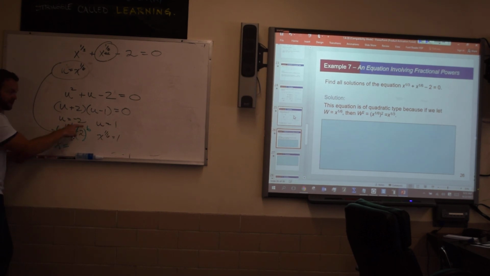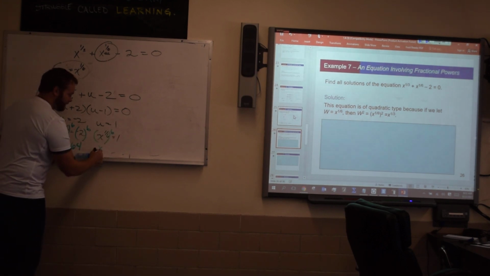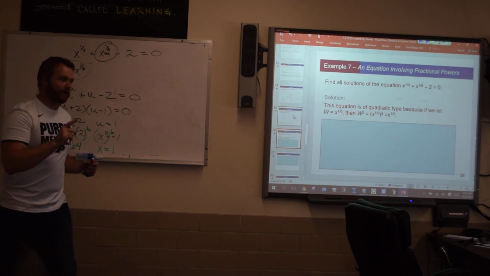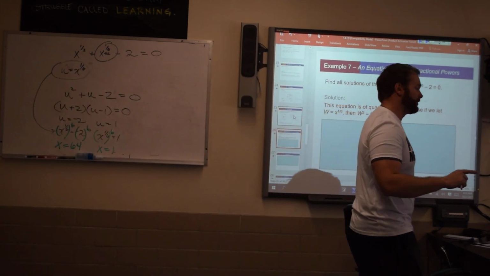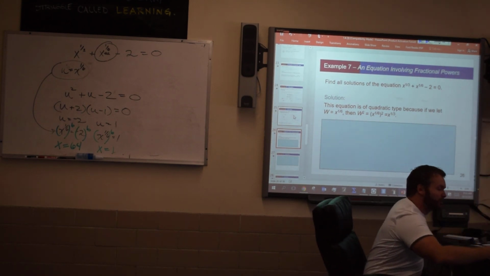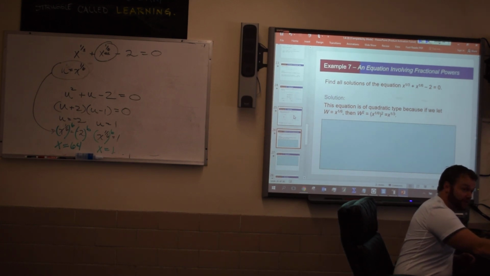Negative 2 raised to the 6th power is a positive 64. I'll do the same thing over here, it's a positive 1. But when we square something, cube something, raise it to the 4th, 5th, 6th power, we are doing algebra that's going to create potentially extraneous solutions.